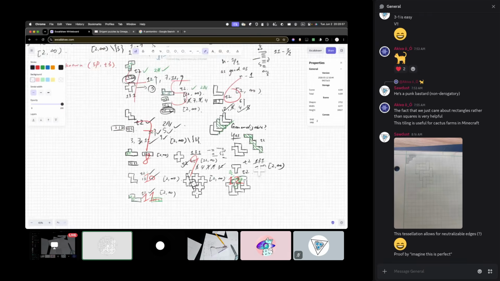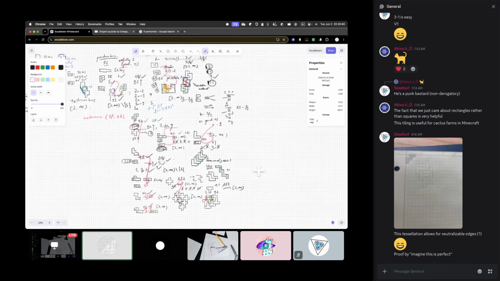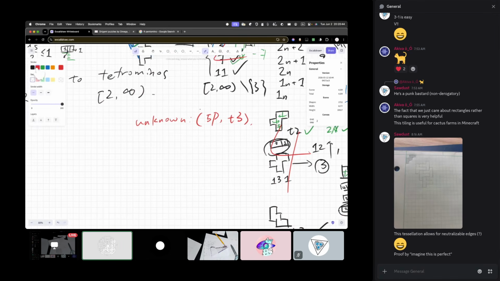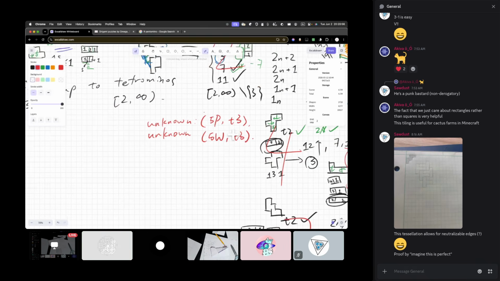Which means that, to recap, we have almost everything except two: the P pentomino thickness 3 is unknown, and the W pentomino thickness 3 is unknown.